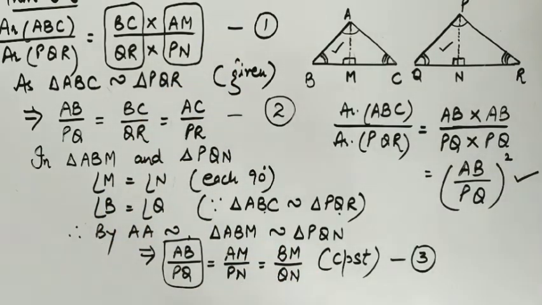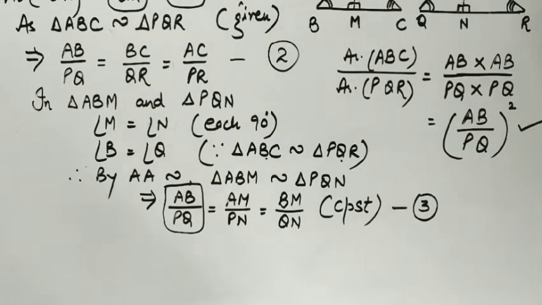We could say that this result, which is the ratio of areas of two similar triangles, is equal to the square of the ratio of corresponding sides.